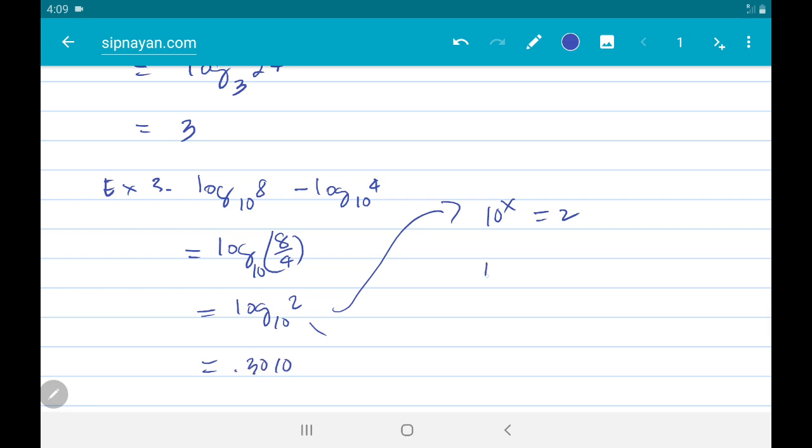Ibig sabihin yan, 10 raised to the 0.3010 is approximately equal to 2. Yung curly equal na yan ang tawag natin dyan, approximately, kasi hindi naman exacto itong 0.3010, infinite decimal yan, kaya hindi siya exact. Therefore, we are giving the approximate.